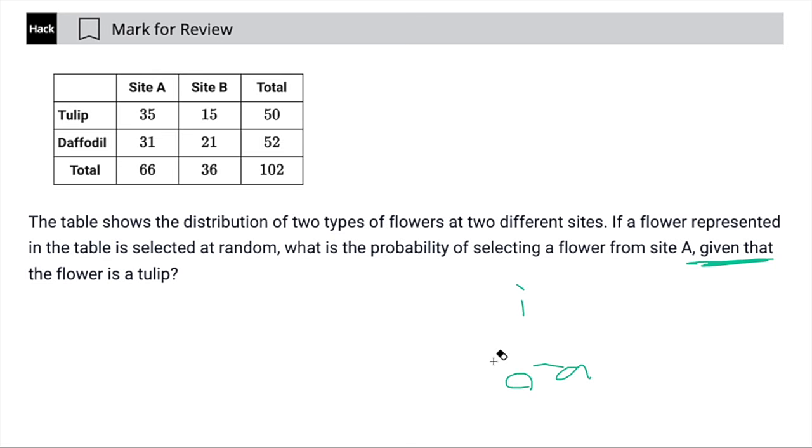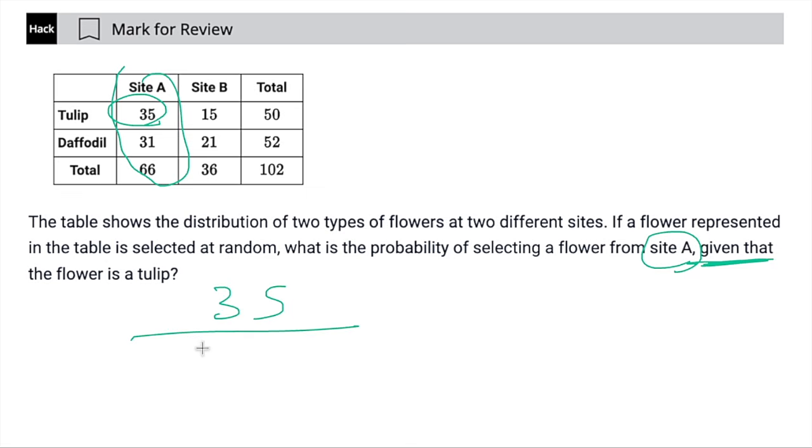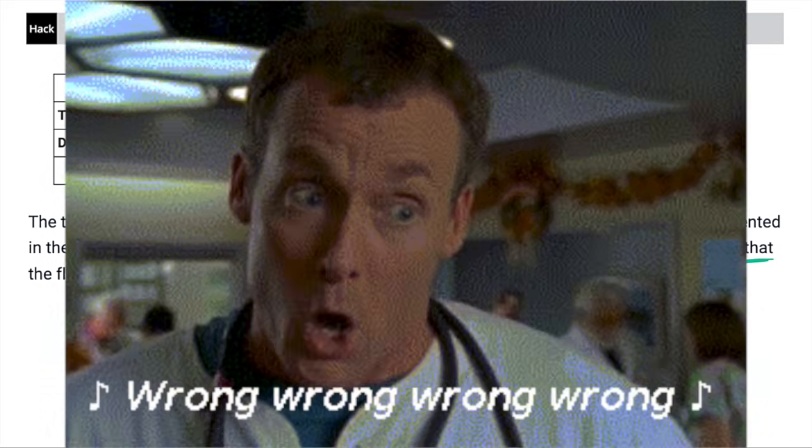So with this question, what happens with a lot of my students is they see that we are supposed to choose a flower from site A, cool. Given that it's a tulip, cool. So they're like, oh, our numerator is 35. And this is true. But then they're like, and then that's out of our total, which is 102. And they get the wrong answer.